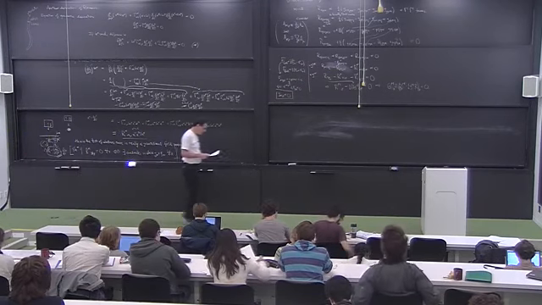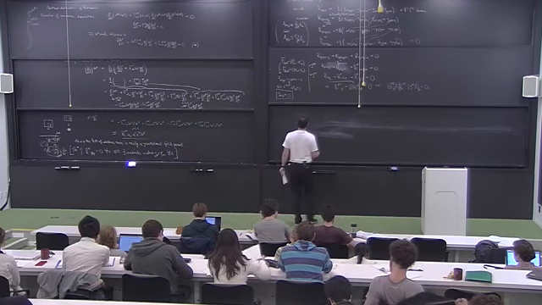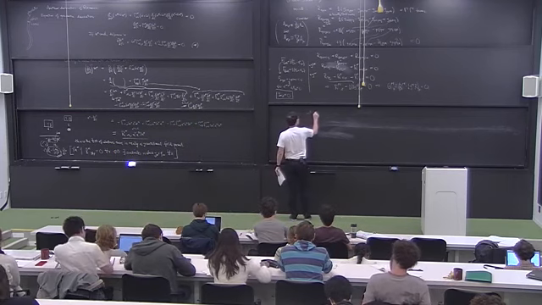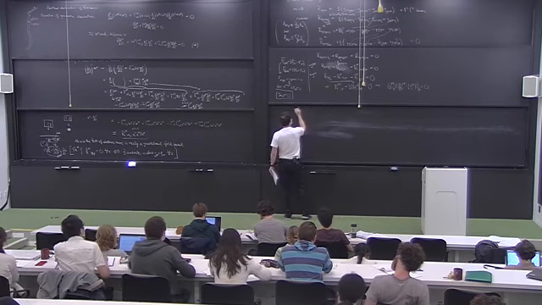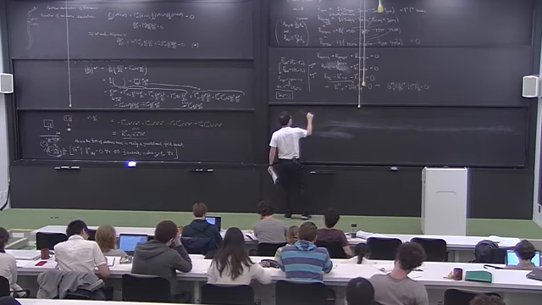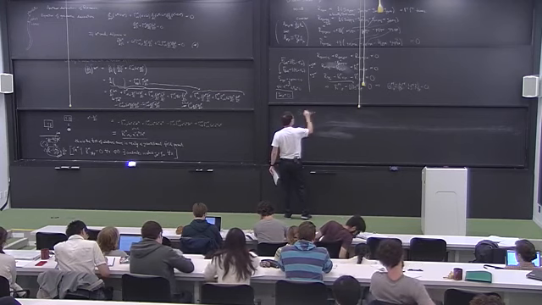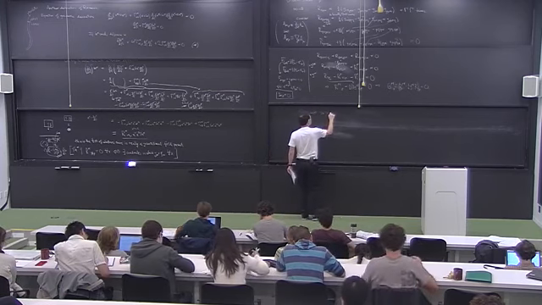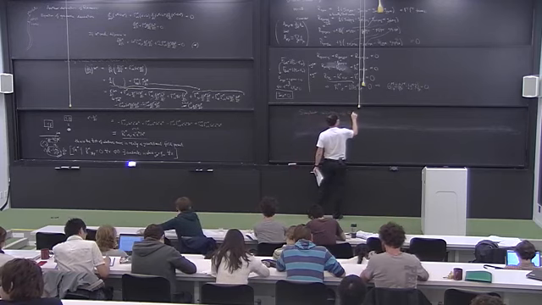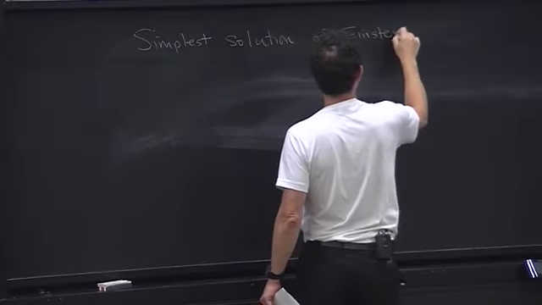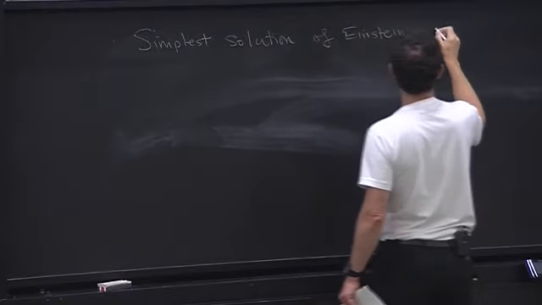So we have to solve the Einstein equations. So let us solve. So let's write it this way. The simplest solution, this really means a solution of the Einstein equations apart from flat space.